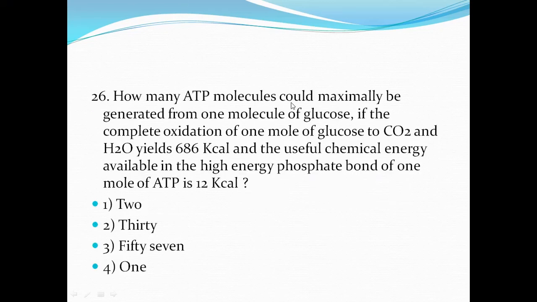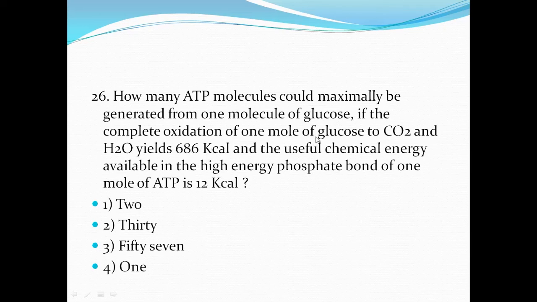How many ATP molecules could maximally be generated from one molecule of glucose if the complete oxidation of 1 mole of glucose to carbon dioxide and water yields 686 kilocalories, and the useful chemical energy available in the high energy phosphate bond of 1 mole of ATP is 12 kilocalories? So it is a hypothetical question actually. They have given that 1 mole of glucose produces 686 kilocalories.